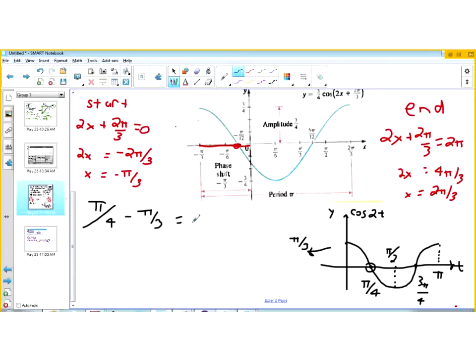Okay, and so that would equal negative pi 12, as shown in the graph. So that's where the x-intercept comes from. And then the other x-intercept, 5 pi over 12, was found by subtracting pi thirds from 3 pi over 4, because the x-intercepts will shift to the left.